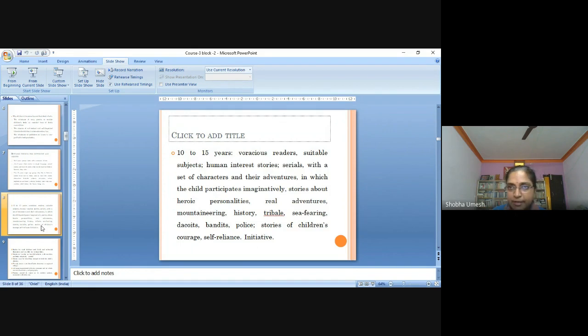So when we write a story, we have to keep certain things in our mind, that we are writing for the kids, and the language which we use should be very simple, where there should not be more phrases, idioms, and the vocabulary should be very simple, so that they can understand. So we have to always keep in mind to which age group we are writing this story.